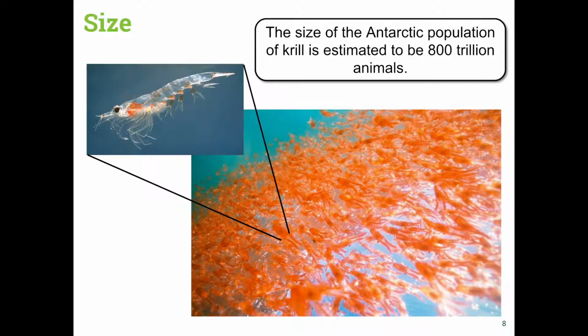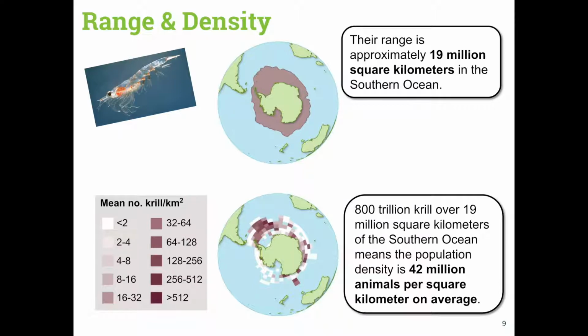And if we want to go a little bit further, we can then discuss the range and the density of the krill in a particular ecosystem. When we talk about range, we mean geographic range. We can define that as how widely a population is spread and the factors that determine that population's distribution.